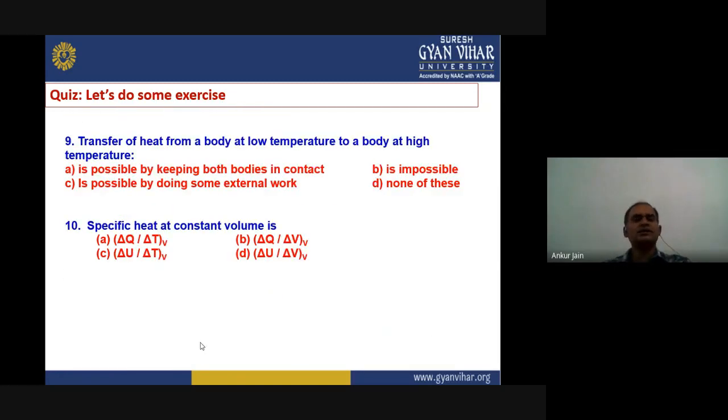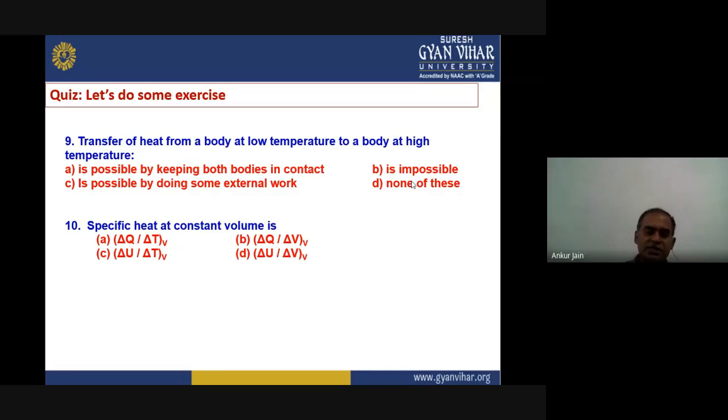Let us go to the next question. Is the transfer of heat from a body at low temperature to a body at high temperature possible? The options are: it is possible by keeping both bodies in contact, it is impossible, it is possible by doing some external work, and none of these. So what do you think?